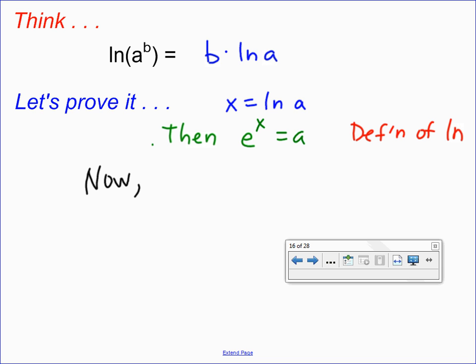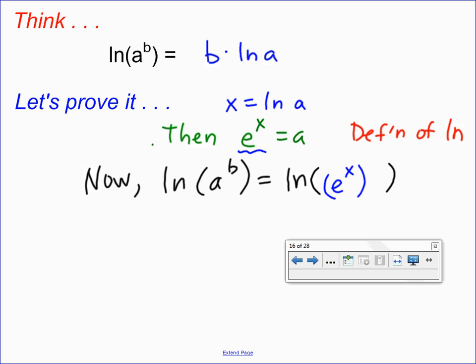Now, ln of a to the b equals, and let's rewrite. So we start with our original left-hand side, the natural log of a to the b, and we'll rewrite that. So that is ln of, well, how can I rewrite that? What is a? a is e to the x, and then to the b.